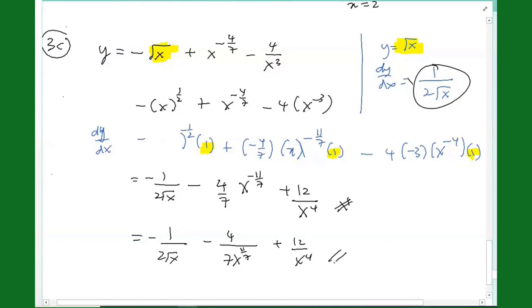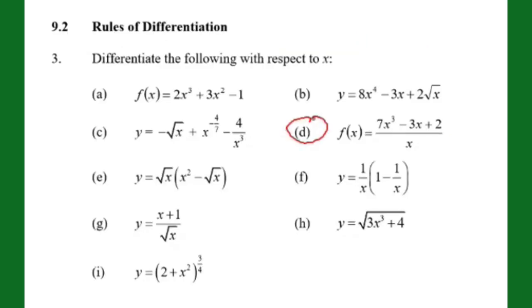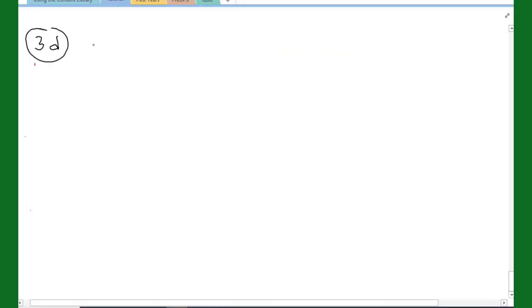You may leave the answer here or here, so look at the options. Option D, between f of x and 7x cubed minus 3x plus 2.